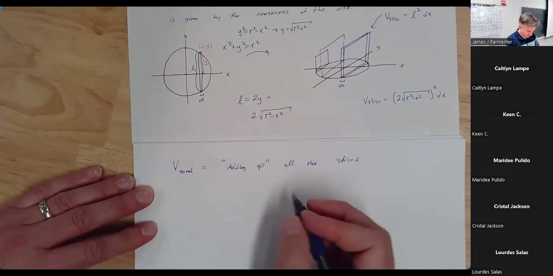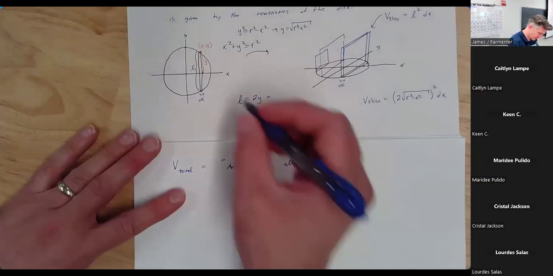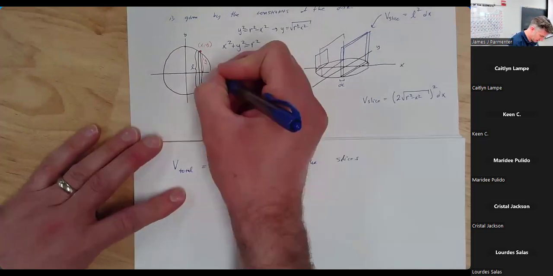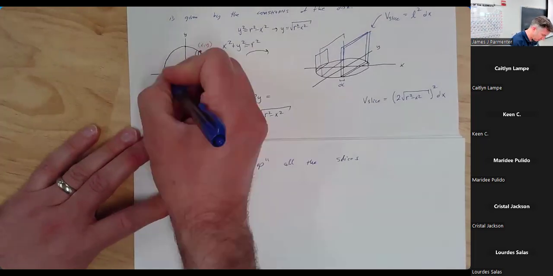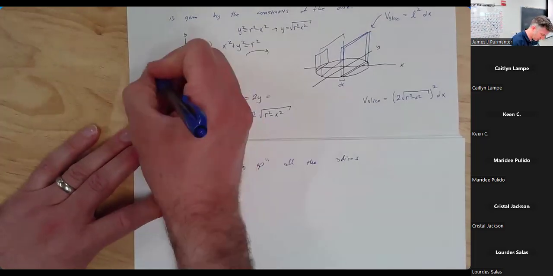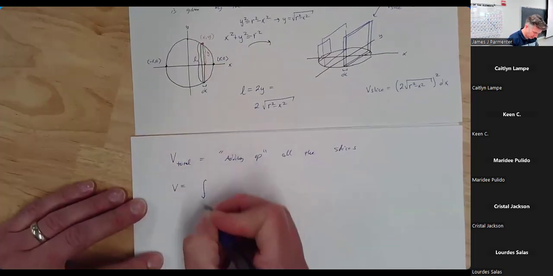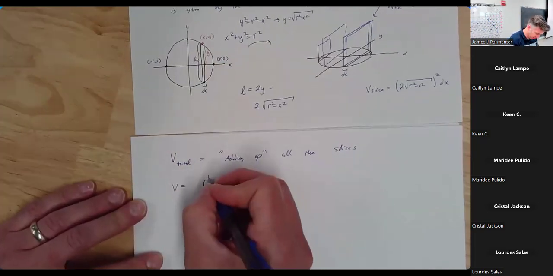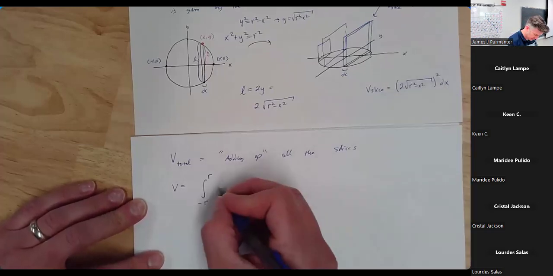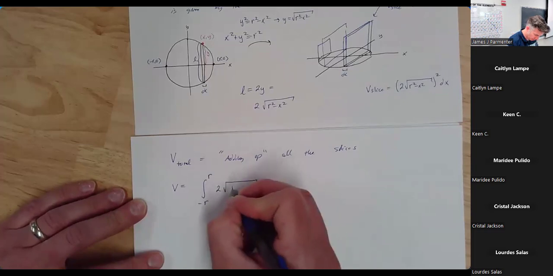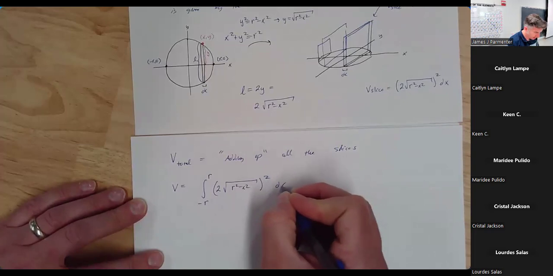So if we look at this circle of radius r that goes as far right as the point r comma 0 and as far left as the point negative r comma 0, we're going to find the total volume by integrating from x equals negative r to x equals positive r this volume of our slice, 2 times the square root of r squared minus x squared, squared, dx.